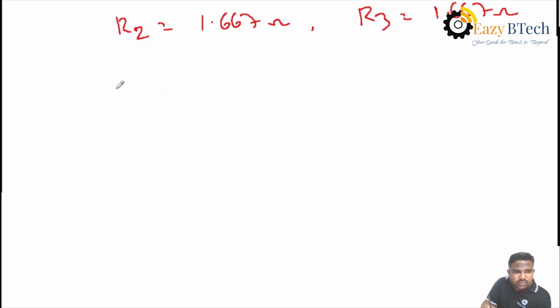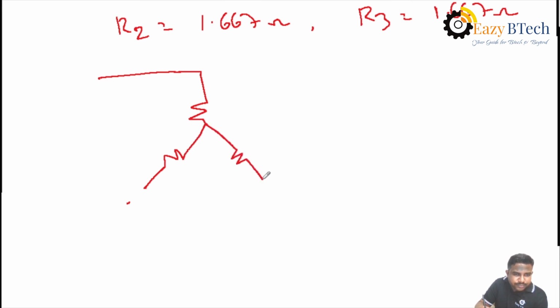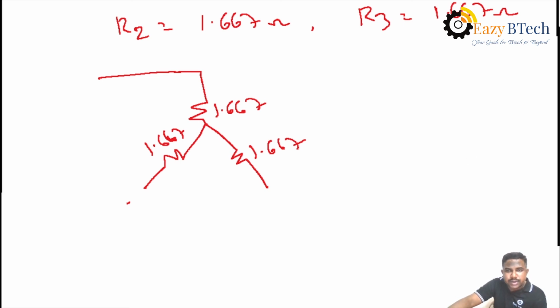Then what is the circuit formation here? This is the star after deleting the delta. The values here are 1.667 ohms, 1.667 ohms and 1.667 ohms. Then what is the remaining circuit here? The remaining circuit will be 2 and 3.